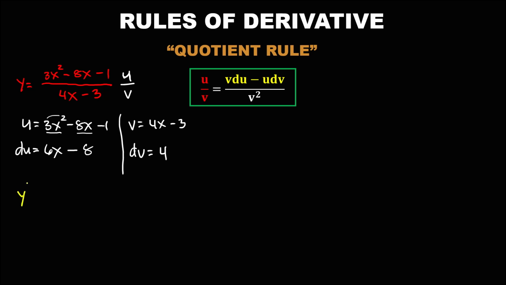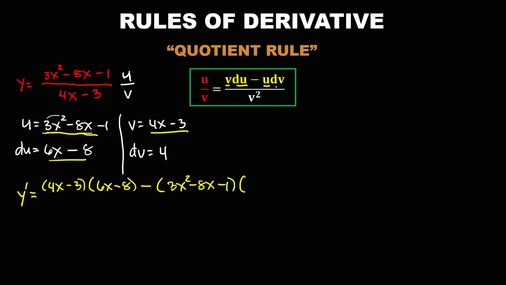Then to find the derivative, we have v, which is 4x minus 3, times the derivative of u, that's 6x minus 8, then minus u, which is 3x squared minus 8x minus 1, times the derivative of v, that's 4, then all over the square of v.